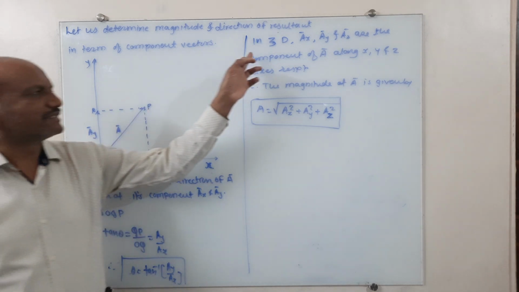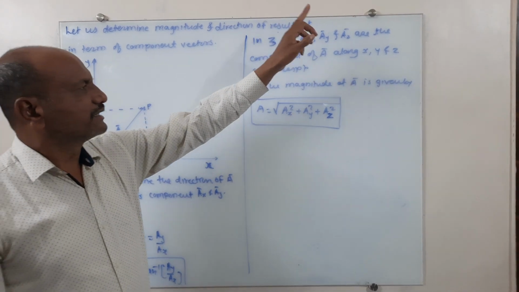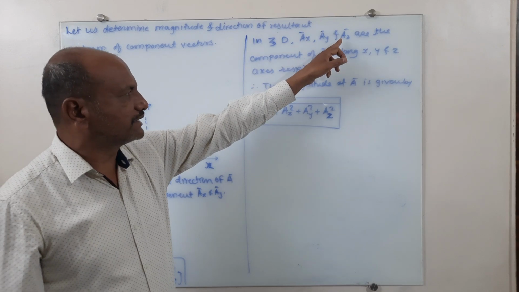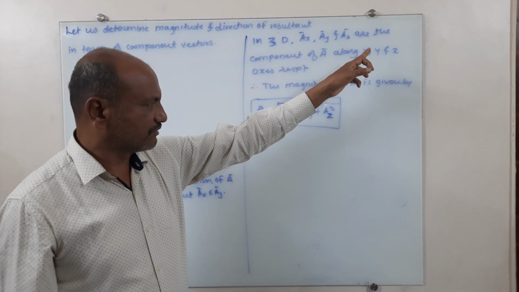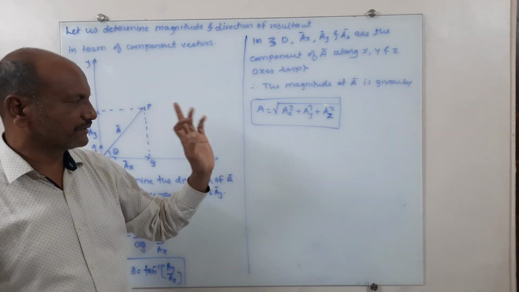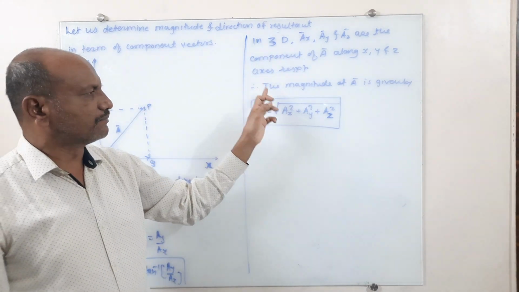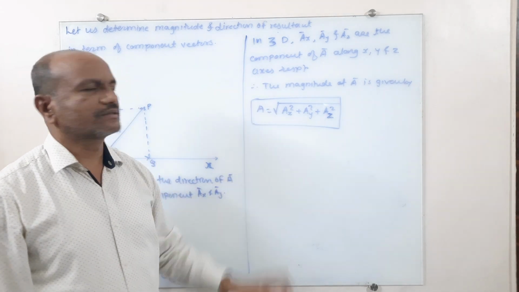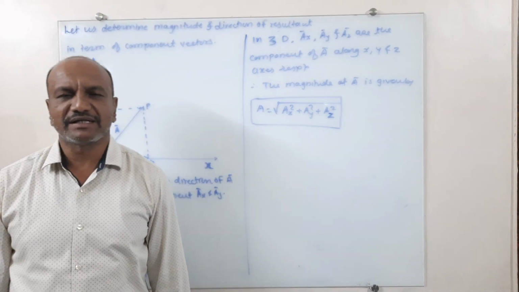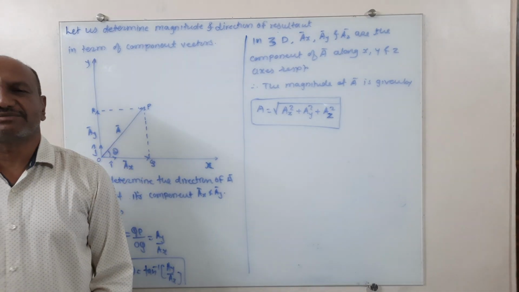But in three dimensions, AX bar, AY bar and AZ bar are the components of A bar along the X, Y and Z axes respectively. Therefore, the magnitude of A bar is given by A is equal to under root AX square plus AY square plus AZ square.